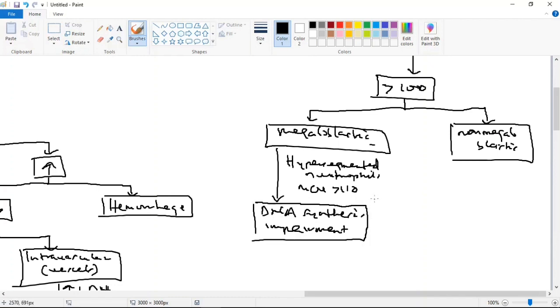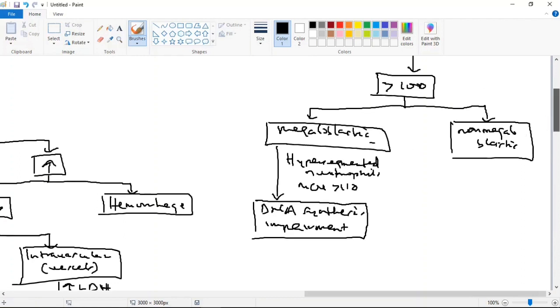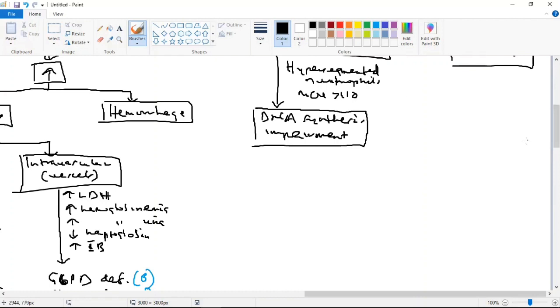So DNA synthesis impairment leads to nuclear cytoplasmic dissociation or asynchrony, and that leads to abnormally large red blood cells and ineffective red blood cell production.